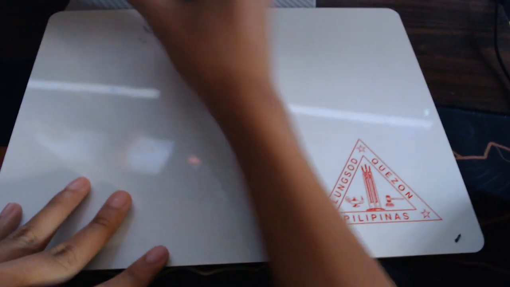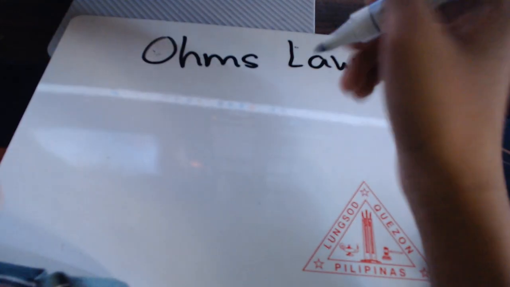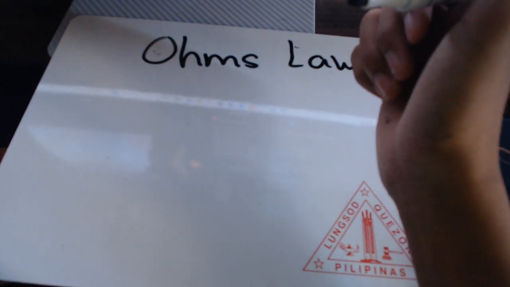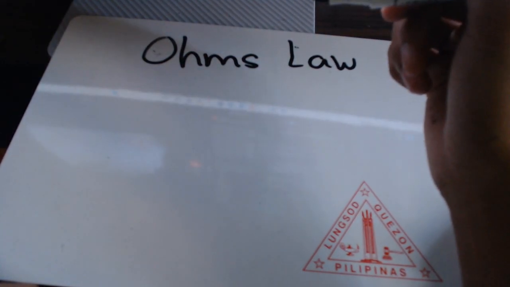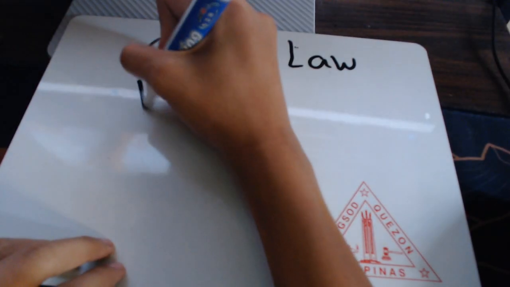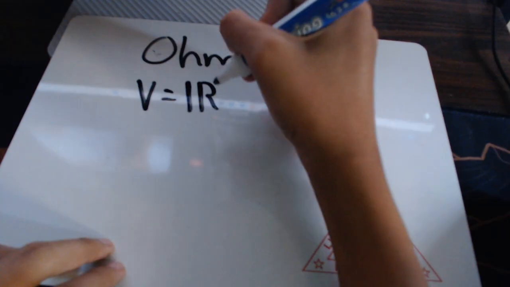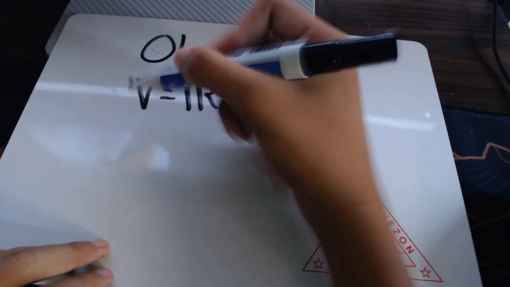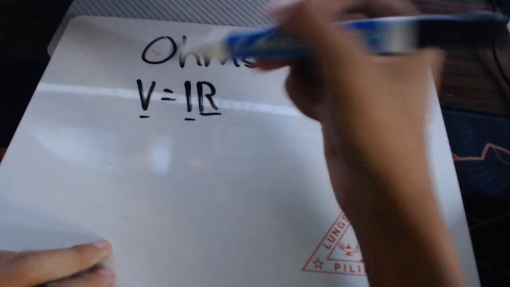Now, we need one more important formula: Ohm's law. What is Ohm's law? Ohm's law is the formula for the voltage, resistance, and the current. If you want to find the voltage, you have to do this formula. V stands for voltage, I stands for current, and R stands for resistance.